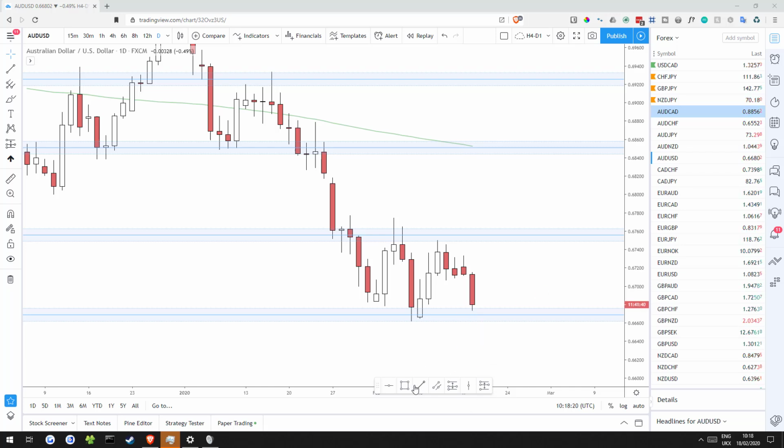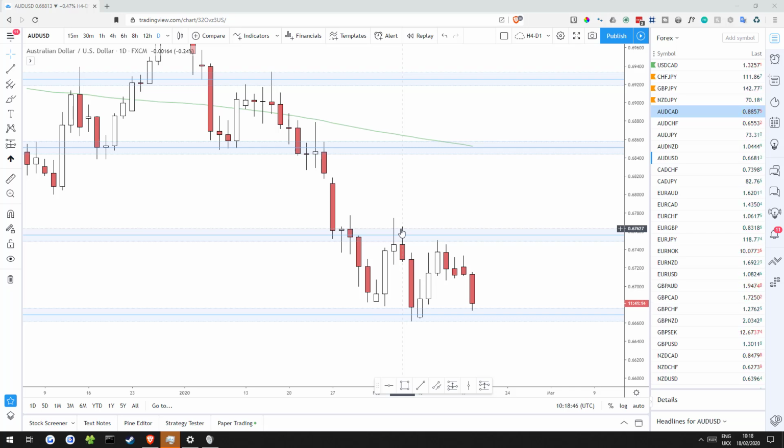Then I'll definitely be looking for a short. But there is another potential scenario. Whenever I see price approaching support, I like to think about it from both sides. If it breaks and closes below support, we have a continuation short from this double top. And it's not a perfect double top, but when you see a double top example in images, they're always perfect. But the reality is, when you're trading these things, they're not always going to be perfect.